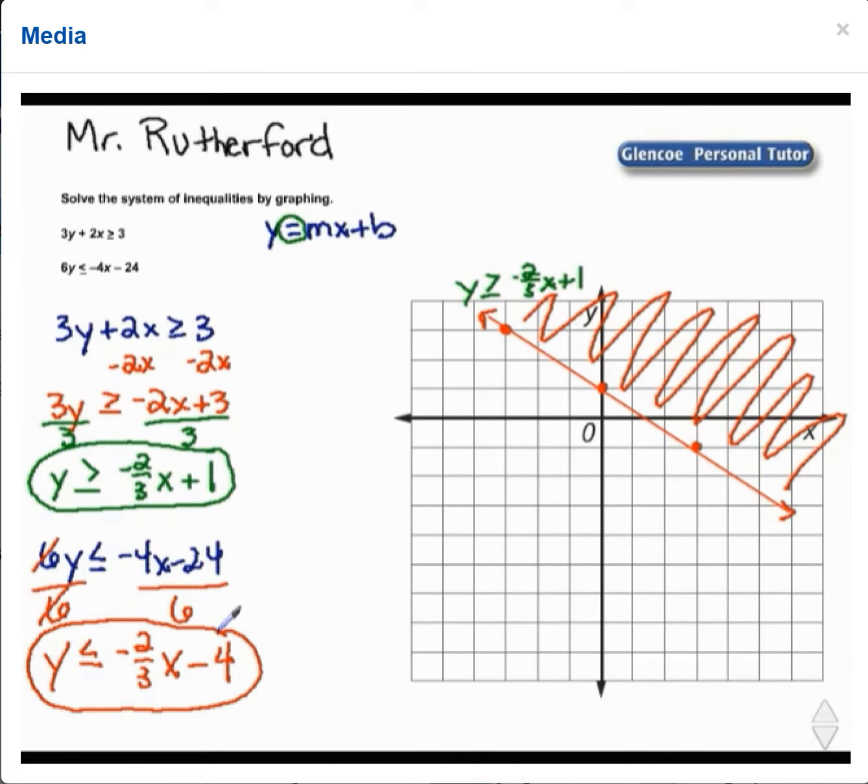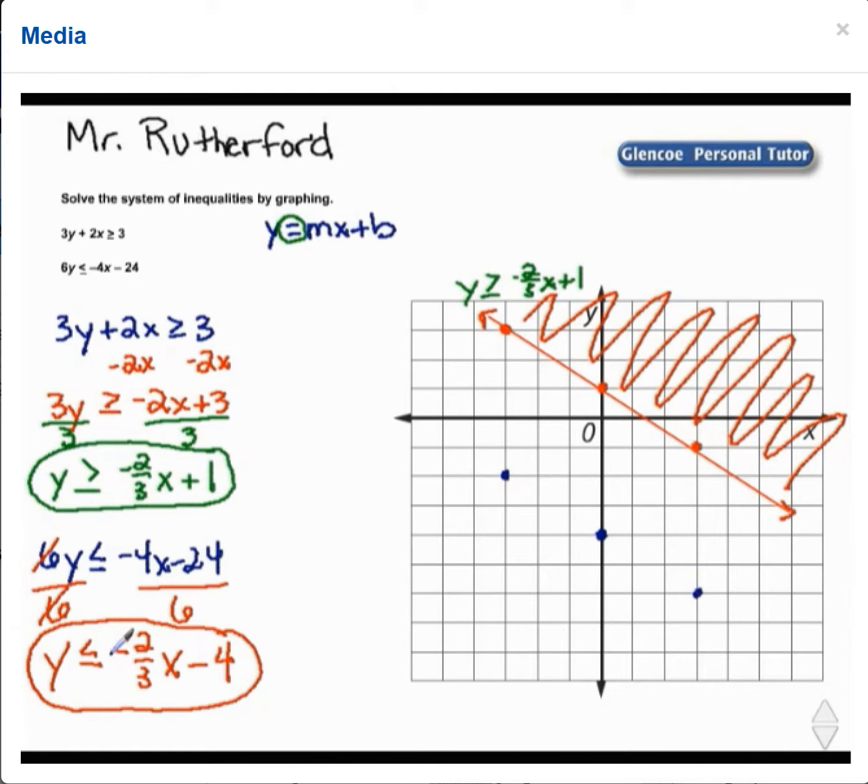So let's graph this. So we start at the y-intercept, which is negative 4, so I'll go down 4 from the origin. Again, we have a slope of negative 2/3, so I can go down 2 from the y-intercept and to the right 3, or we can go up 2 and to the left 3.